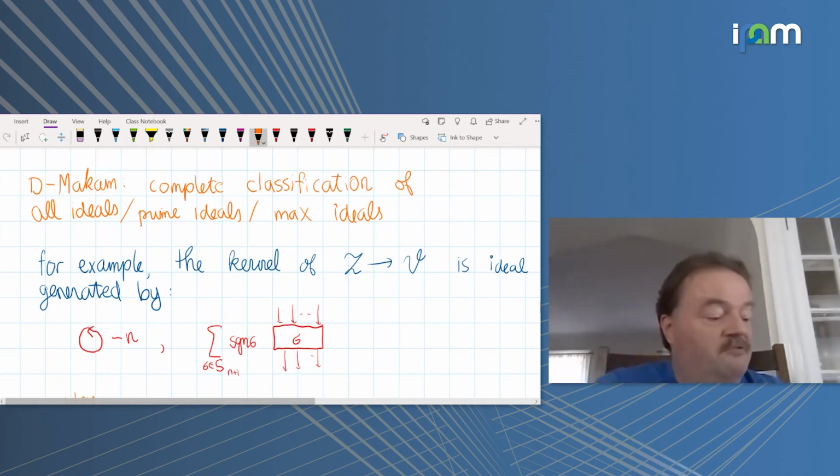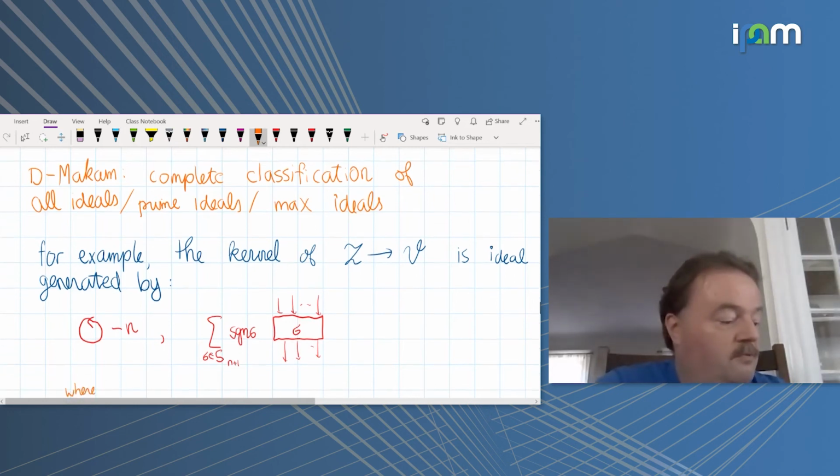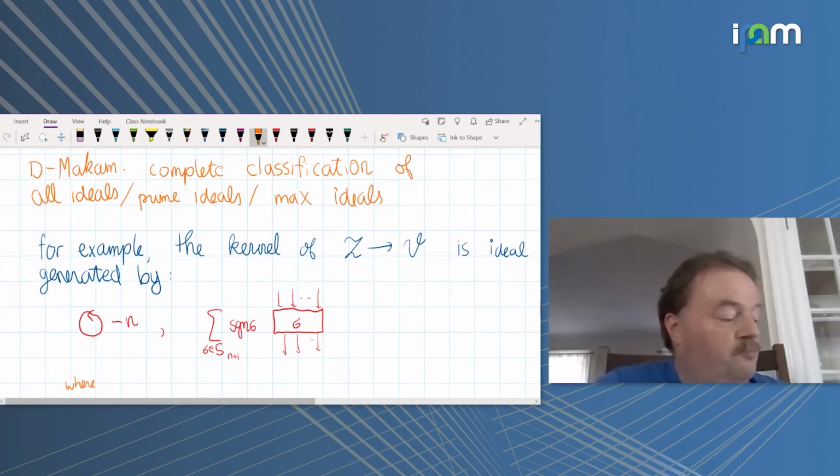There's a unique map under which the loop will map to N. So if I look at the kernel of this map, it will contain the loop minus N, where N is the dimension of this vector space V.